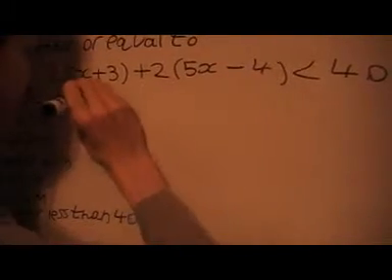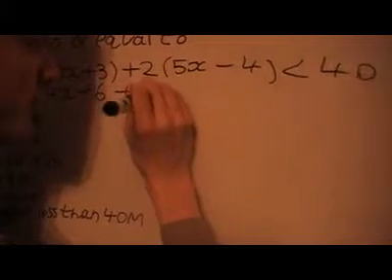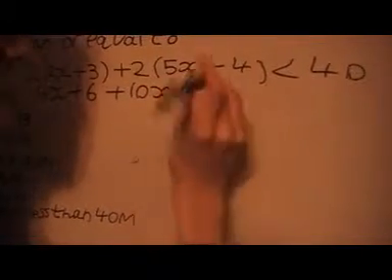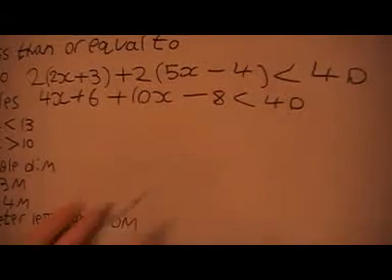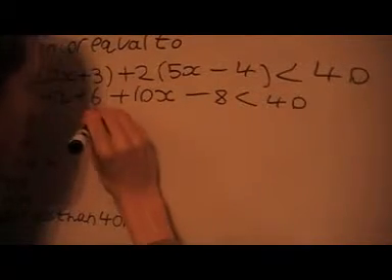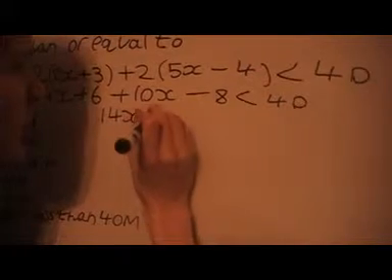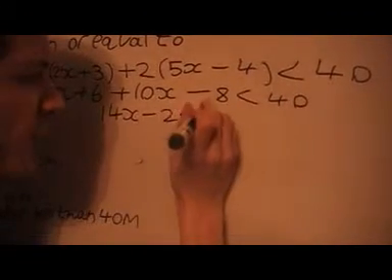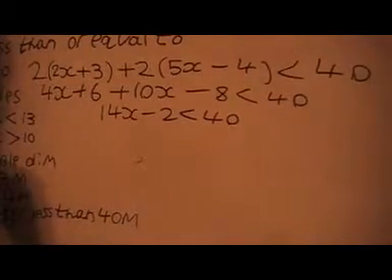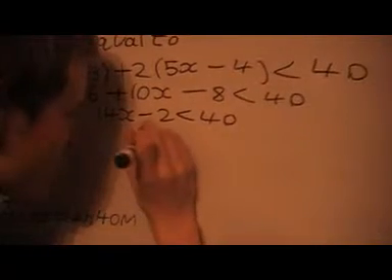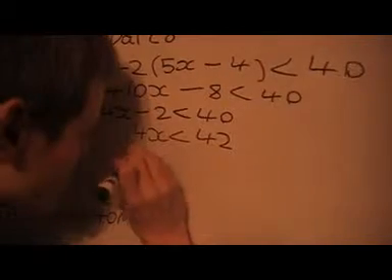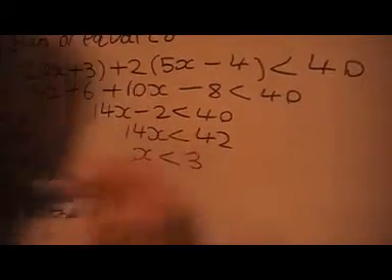I get 4x plus 6 plus 10x minus 8 is less than 40. And then we can combine some of this, and I get 14x minus 2 is less than 40. And then I can add 2 to both sides, and I get 14x is less than 42. And then divide both sides by 14, I get x is less than 3.